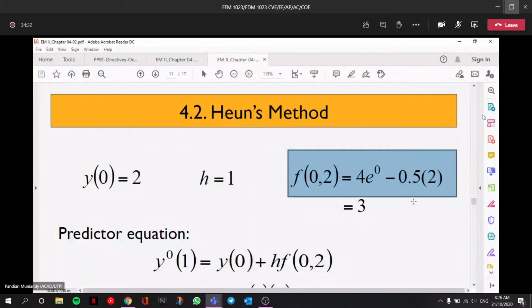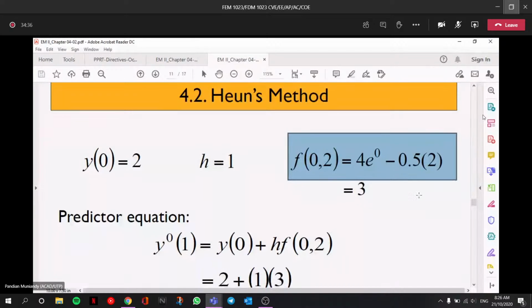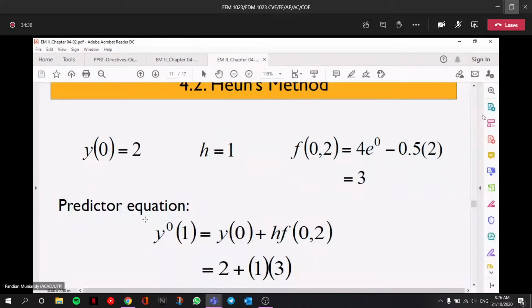If you have 10 terms, then it will be very lengthy. What is important here is you have to calculate the y0 at x equals 1. This is the next x. So y superscript 0 at 1 equals y0. Y0 you are already given, 2. Plus h is 1.